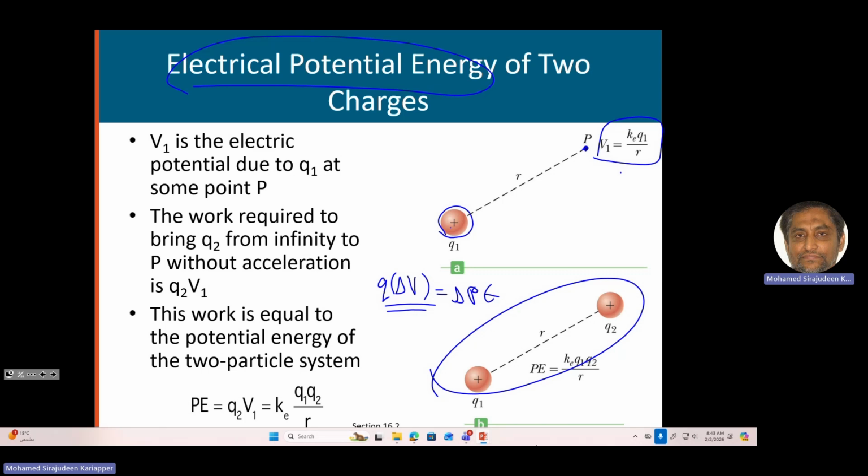So the work done will be Q delta V. In other words, Q is Q2, delta V will be just V1, because the initial potential is 0 and the final potential is V1. You bring it from infinity to that point P, so the work done will be Q2 V1. This work is equal to the potential energy of this two-particle system. Now I can substitute for V1 by this equation, K Q1 over R1.